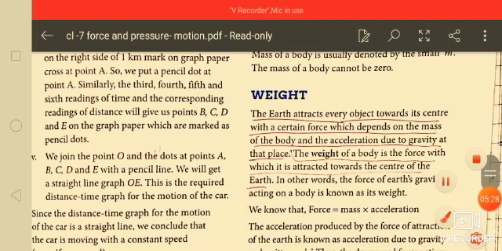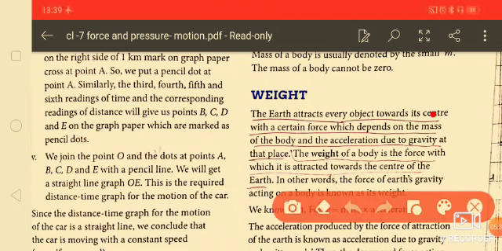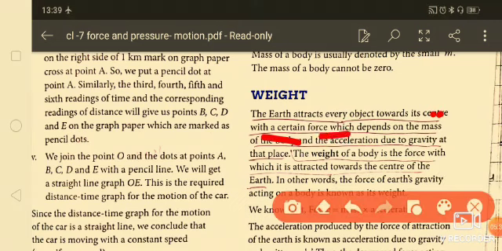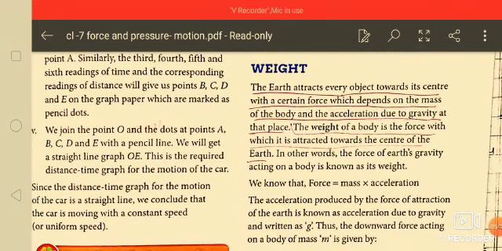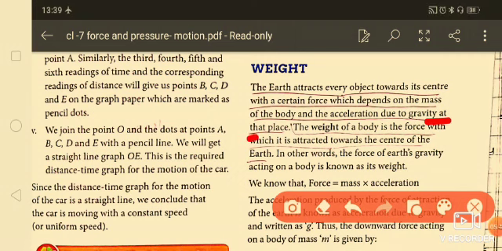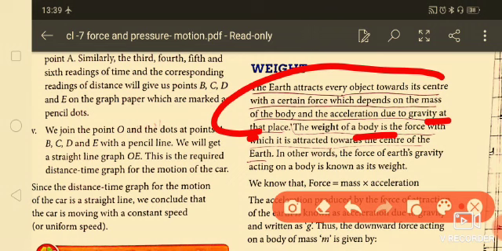The earth attracts every object toward its center with a certain force, which depends on the mass of the body and the acceleration due to gravity at the place, and that is weight. So the weight of a body is the force by which the earth attracts it toward the center.